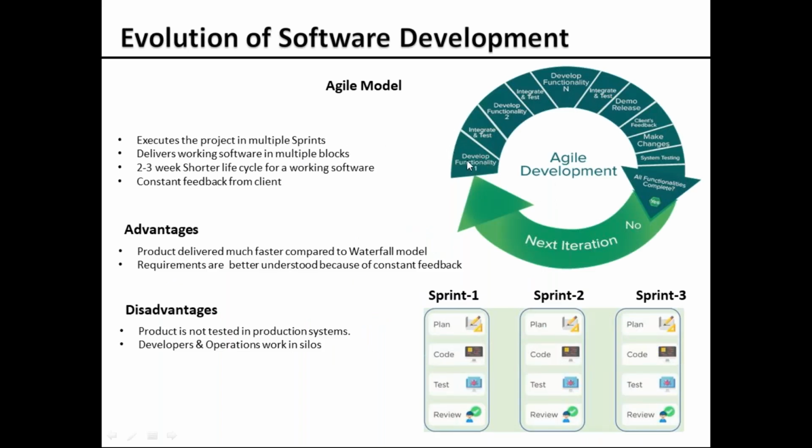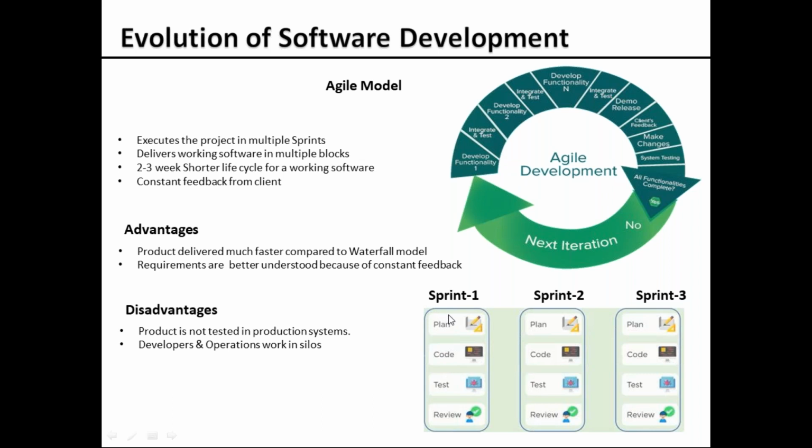If you see in this complete workflow, develop functionality, integrate and test, this is one block, one set of a sprint. Then there is another sprint with a different requirement: develop functionality 2, integrate and test. This is one chunk, one sprint. Similarly, you will be splitting your requirements into sprints.